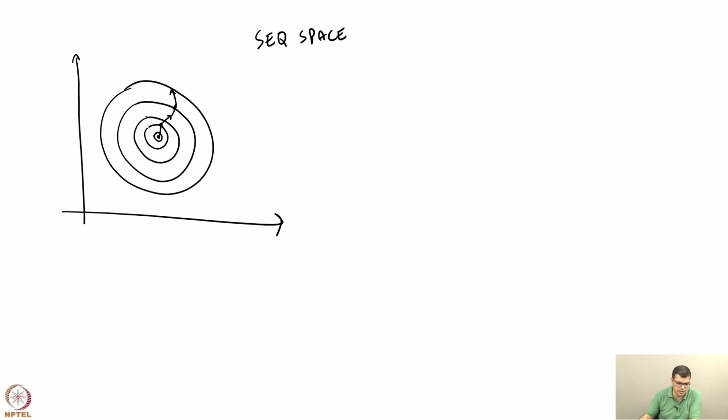Let's also look at it another possible way. Let's say that we have these sequences on one axis only: AA, AT, AG and AC, and let us say this is fitness.